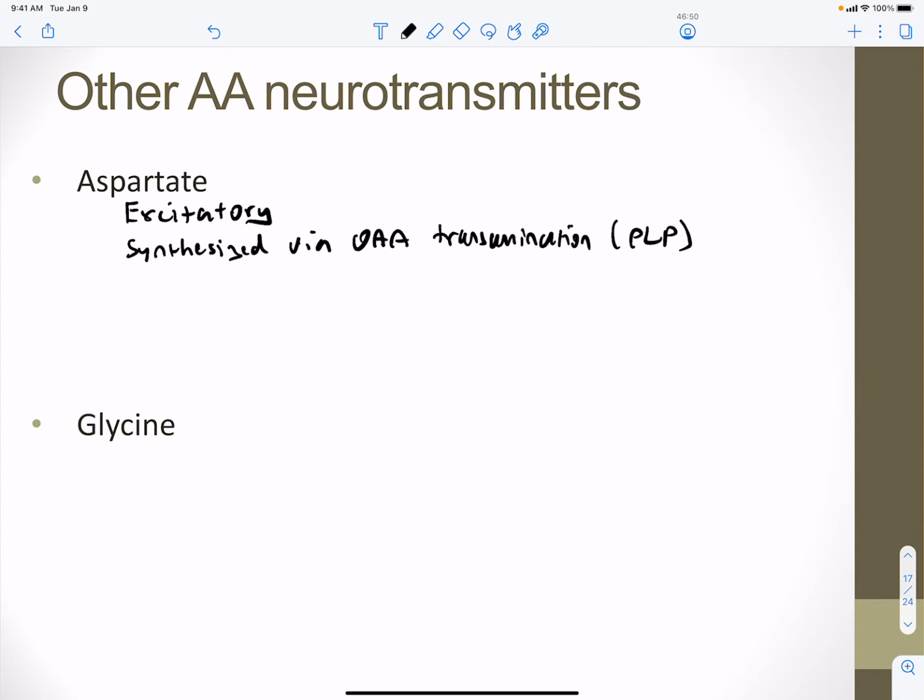Glycine is an inhibitory neurotransmitter, and this is especially important in the spinal cord. So it's going to have more of an influence in the spinal cord than GABA.